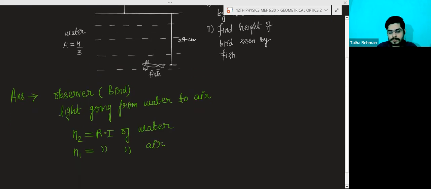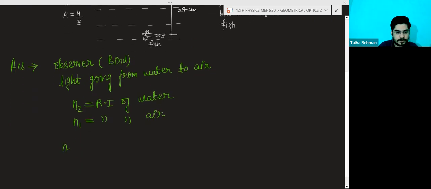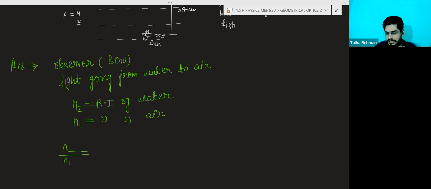Now apply the formula N2 by N1. Otherwise this will become very confusing to you, this apparent depth and real depth. Just apply the formula: N2 by N1 is equal to real depth divided by apparent depth. Real depth, that is D, divided by the apparent depth, D dash.